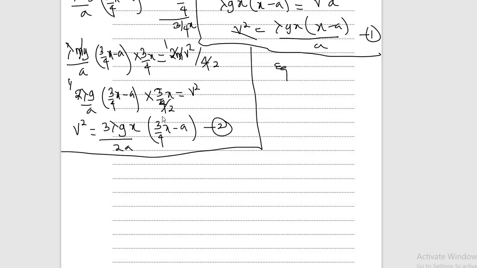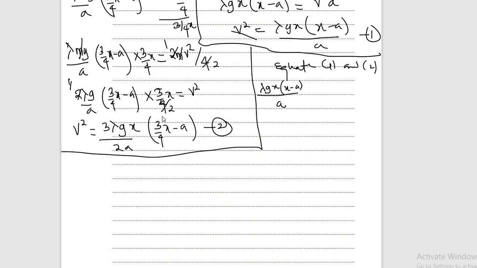So equate equation 1 and equation 2. Equation 1 is v squared equal to lambda gx, x minus a, over a.